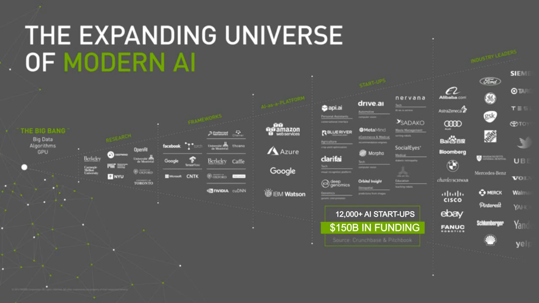Many people want to know why and how deep learning is being adopted so rapidly. Well, there were 3 key ingredients, or you might think of them as initial conditions, that made the current big bang of modern AI possible. First was big data, the huge collections of examples from which computers can learn.